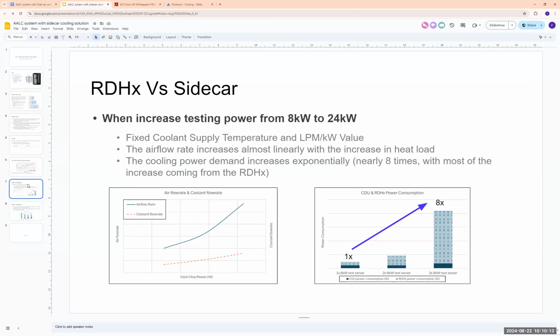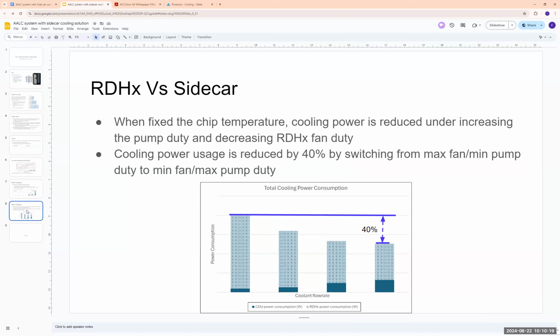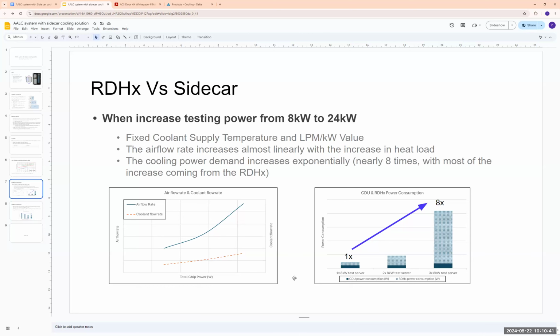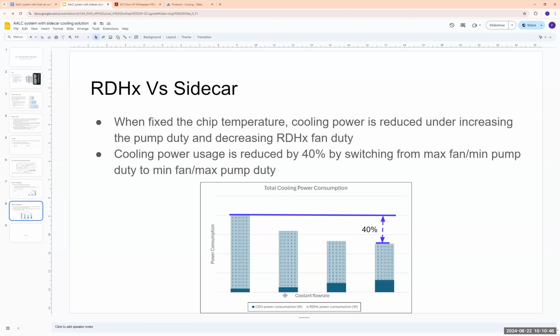For now, these two are the only slides I have. I requested some more data via email, so I'm going to add that and make at least 3 slides for the presentation. The comparisons we're doing are power consumption, airflow rate comparison, and how that would impact the overall cooling.